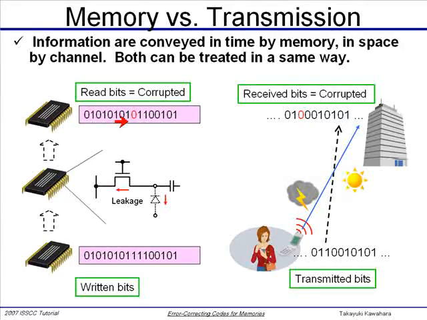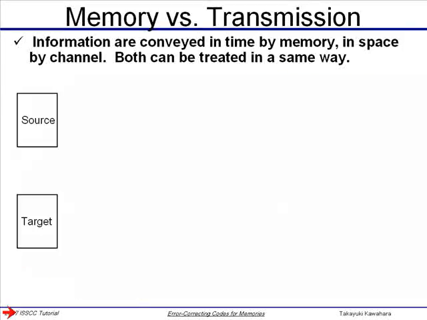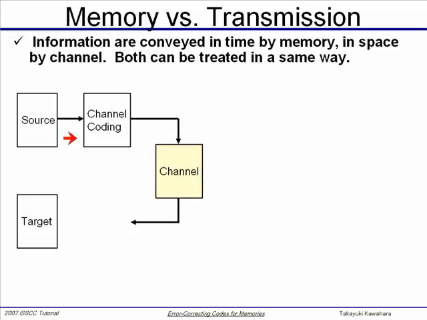So let's look at this situation in a block diagram. We have a source of information. We have a target for the information we'd like to convey. The source information is coded for the channel. Channel means, for example, wireless, fiber, or cable, whatever is adequate. Then this information passes through the channel.